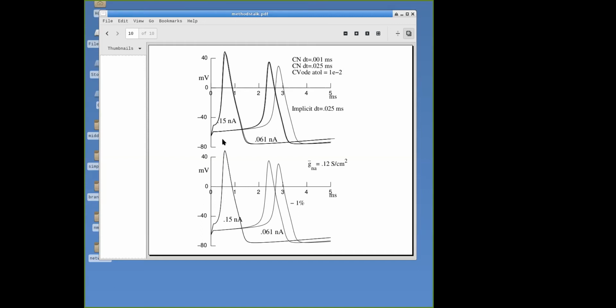But what happens now if you reduce the stimulus intensity to a value which is just big enough to trigger a spike? Well, this isn't as bad as it could be. It could be slightly smaller, but here the stimulus intensity is 0.061 nanoamps. That label should be right up next to this trace here.